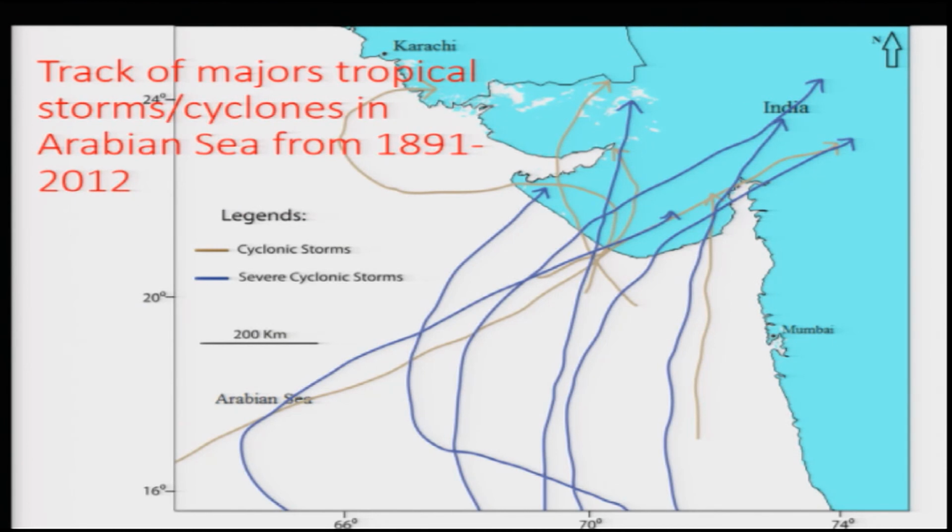These are the tracks of the cyclones from 1891 to 2012. Most of the areas along this coast, that is Gujarat, southern Gujarat and the west coast of Gujarat, were affected by the storms.